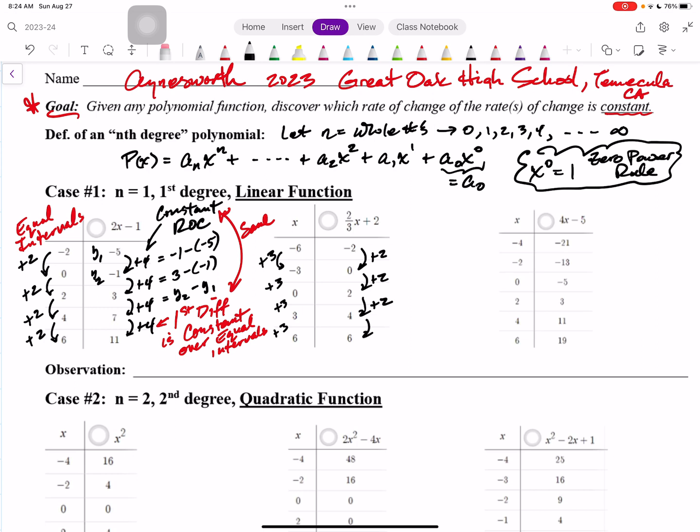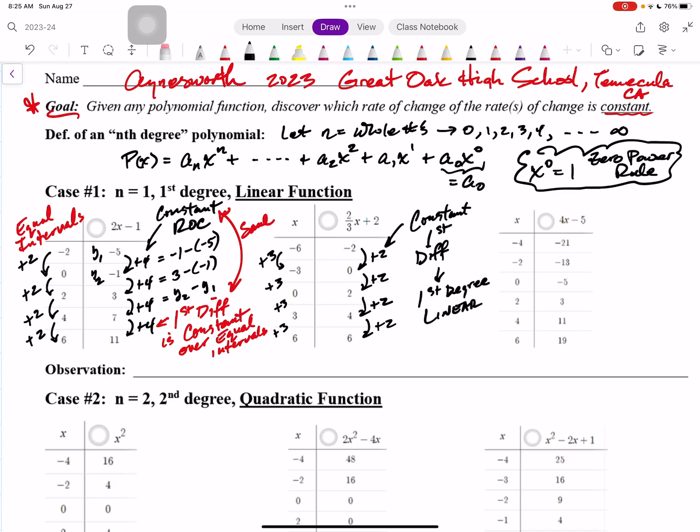So this one's really easy to see. Notice that we have a constant first difference, and that implies that we have a linear function, first degree, and we call those linear functions.